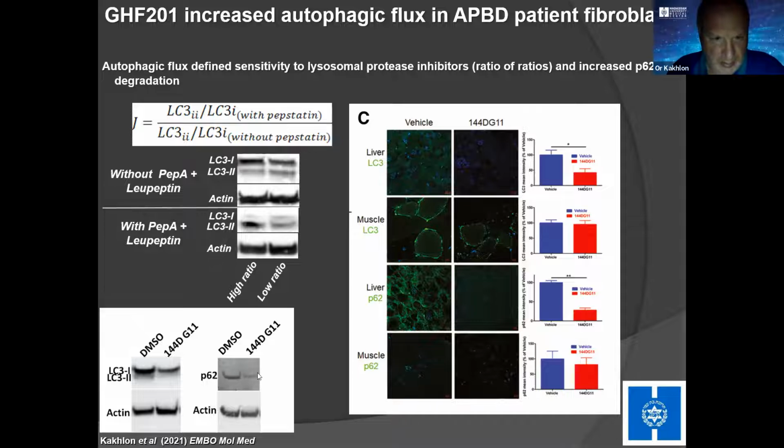It was also more degraded, and we show it not only in cells, we also show it in liver, in animals. You can see here the reduction in LC3 and P62 in the liver, and nothing in the muscle. And I remind you that GHF201 did not get into the muscle, so this also makes sense. It didn't affect autophagy in the muscle.